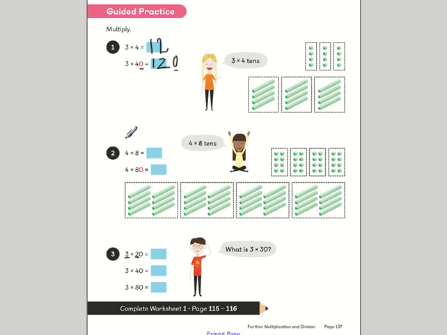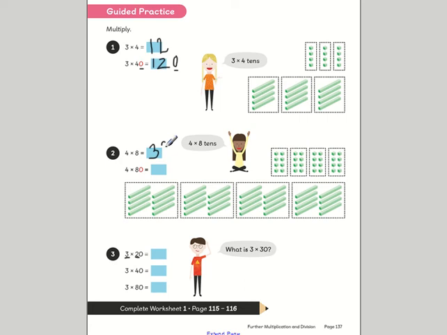Okay, so 4 times 8. 4 times 8 tens. 4 times 8. So I've got 8, 16, 24, 32. So I'm going to write 32 in this box.